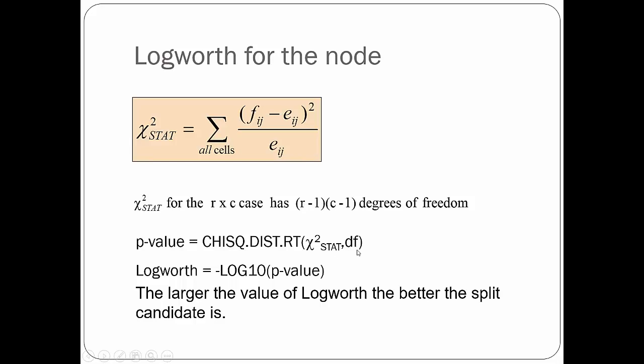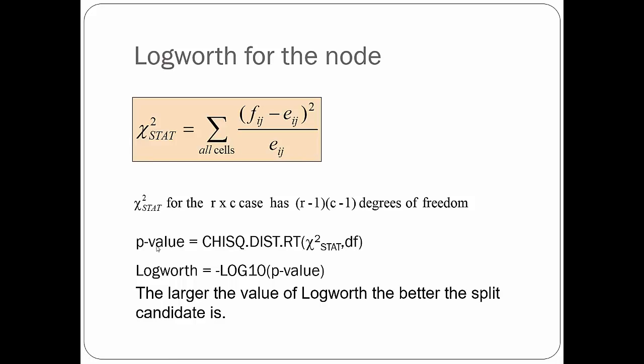To the extent that we have a really pure split, the p-value will be really, really small, because your chi-squared will be large and the p-value will be small. When you have really small p-values, it becomes very hard to compare one split against another.